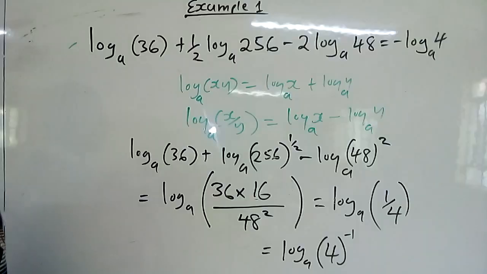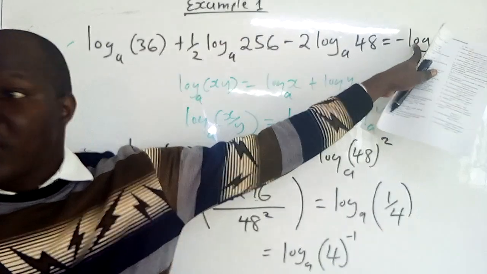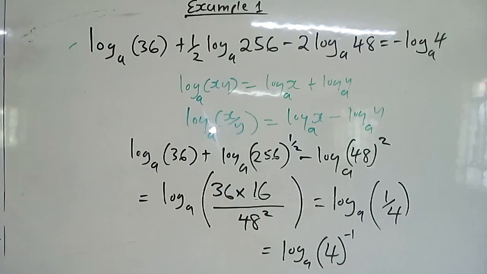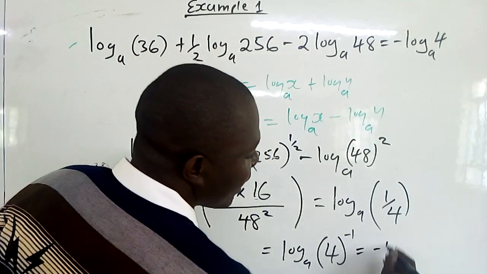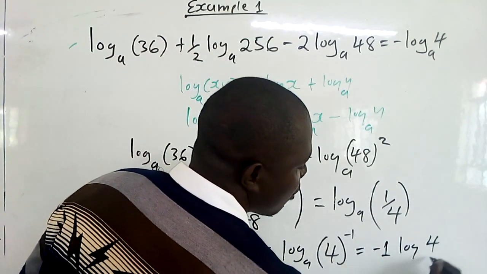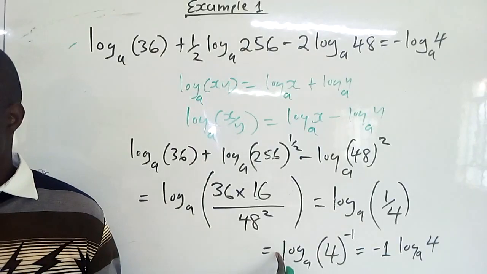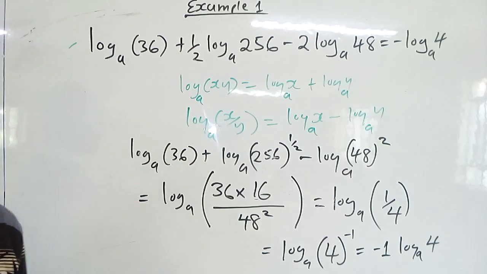Meaning you start with the left-hand side until you get what is on the right-hand side of the equation. So you have negative 1 log 4 to base a. The negative 1 power becomes the coefficient. Are we together? Good.